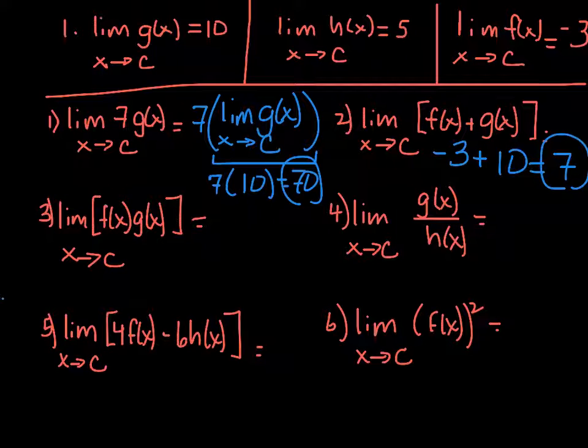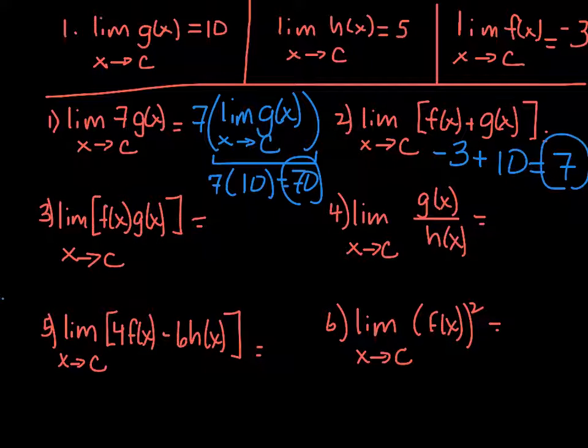Okay, let's go to the next one. Let's look at number 3. This one is multiplication. Go to the top of page 14 in the box, and look at the third property down. What you see there to the left of the equal sign is the same as number 3 here. Follow the equal sign over to the right, and you'll see that you can multiply each limit separately.